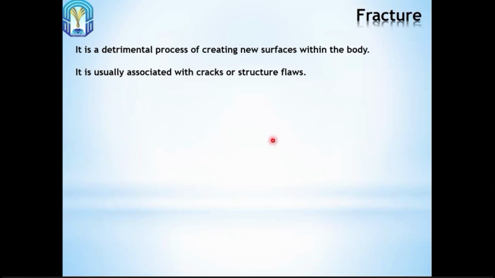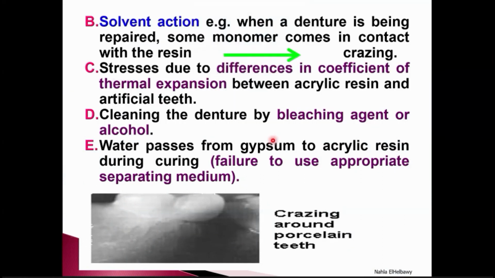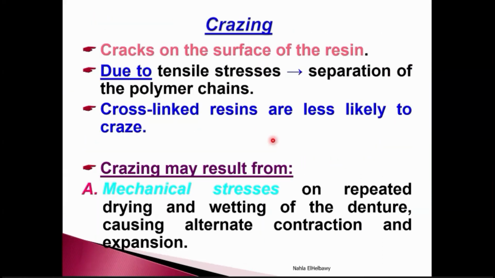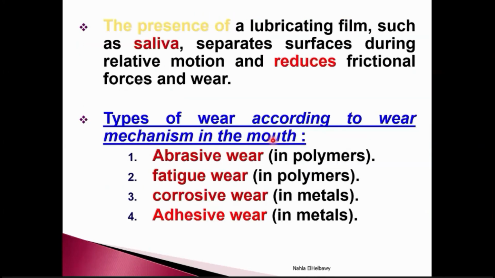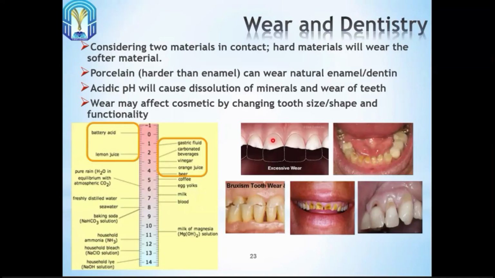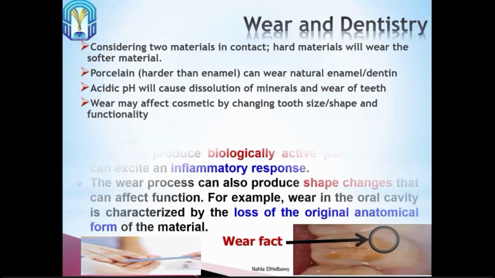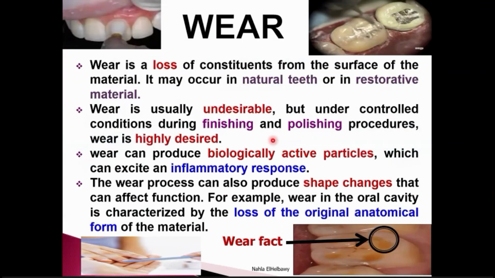Okay, so wear is loss of constituents from the surface. So what is wear? Wear is a time-dependent property. When any material serves in the oral cavity, it gets friction from the masticatory forces.